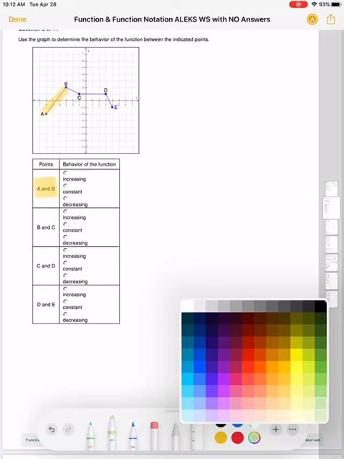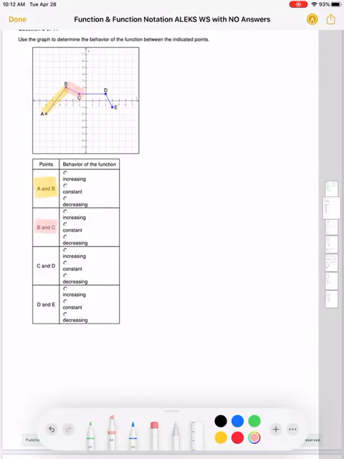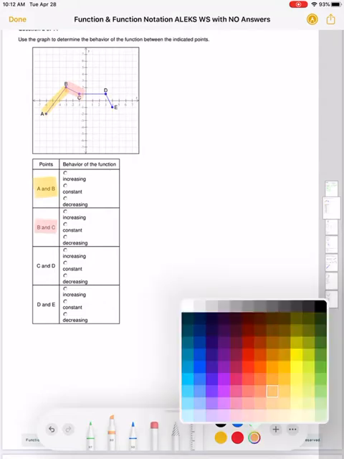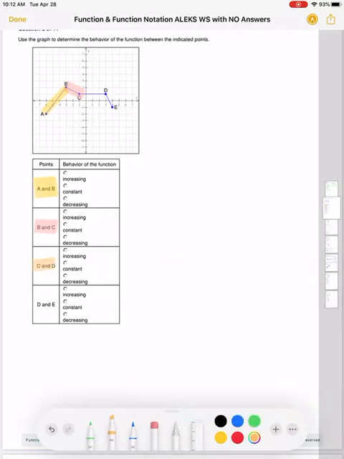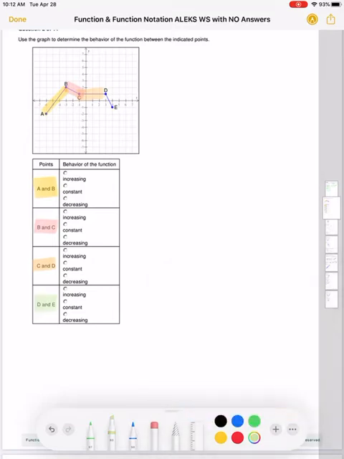Your next one is, let's find another light color here, from B to C. Did you go uphill, downhill, or remain the same? Then you're looking from C to D. What happens on that? And then finally, what happens from D to E? And again, uphill, downhill, or remaining flat.